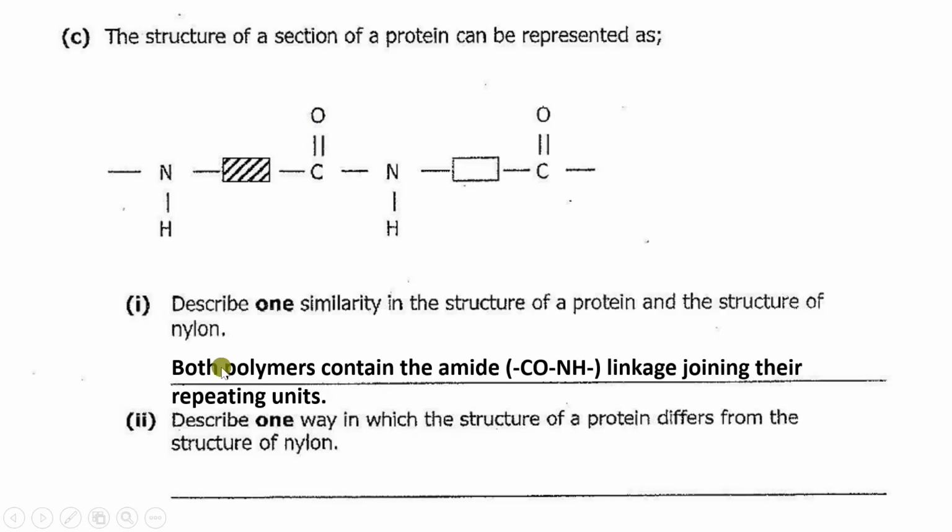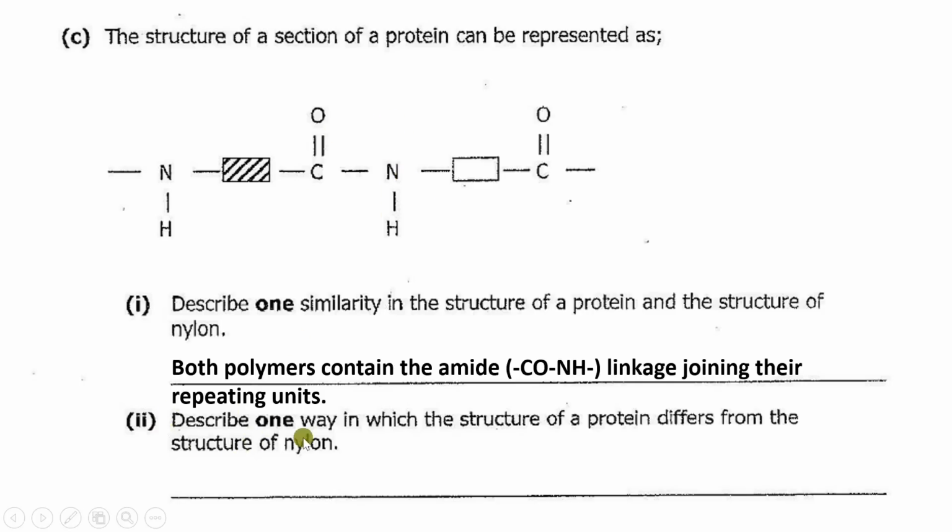So you can say both polymers contain the amide linkage joining their repeating units. So they have got this amide CONH. So this is a linkage. So proteins will have this, and also nylon will also have this.